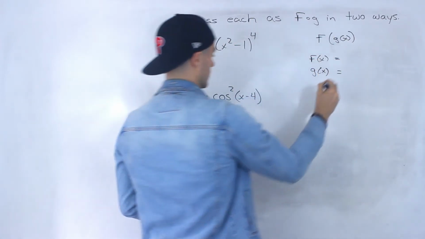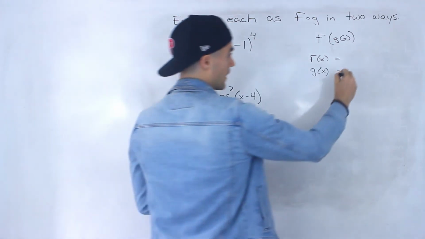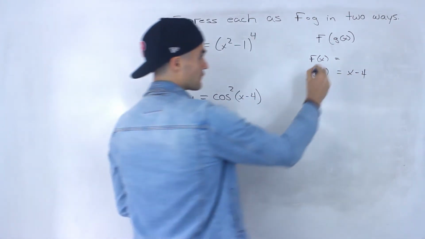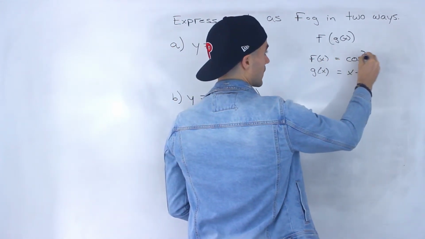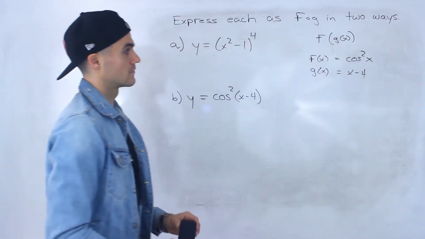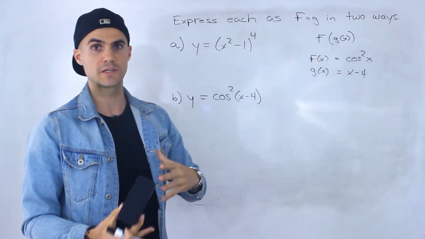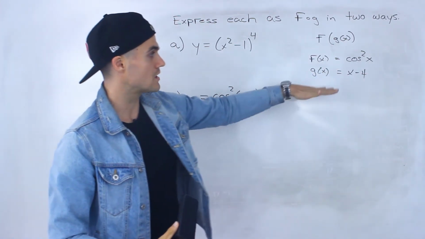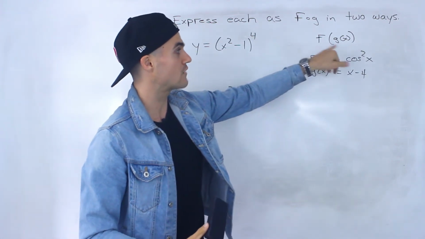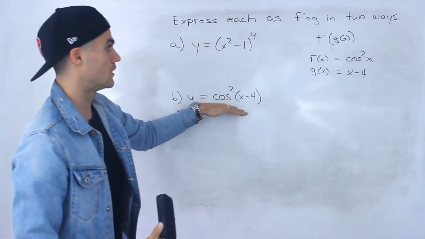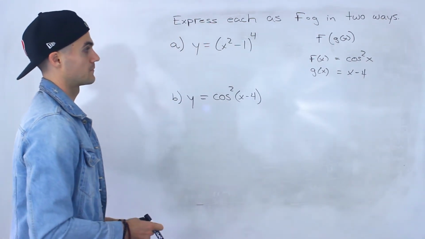Well, a pretty obvious one is if we have g of x equal x minus 4, and then f of x, the outer function, would be cos squared x. Because if f of x is cos squared x, that means f of an expression would be cos squared of that expression. So if we had f of g of x, we'd have f of x minus 4. We'd be plugging in x minus 4 for that x value. We would end up with this right here.